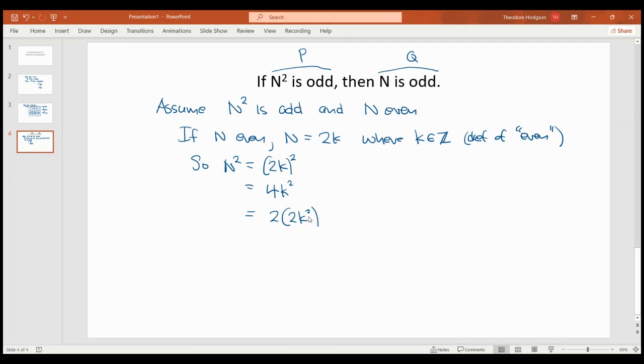And we have this great closure property. We know that 2 is an integer, k is an integer, and k is another integer, so 2k squared, which is 2 times k times k, is an integer. We'll call that L. So that equals 2L, where L equals 2k squared is an integer, by closure of multiplication.